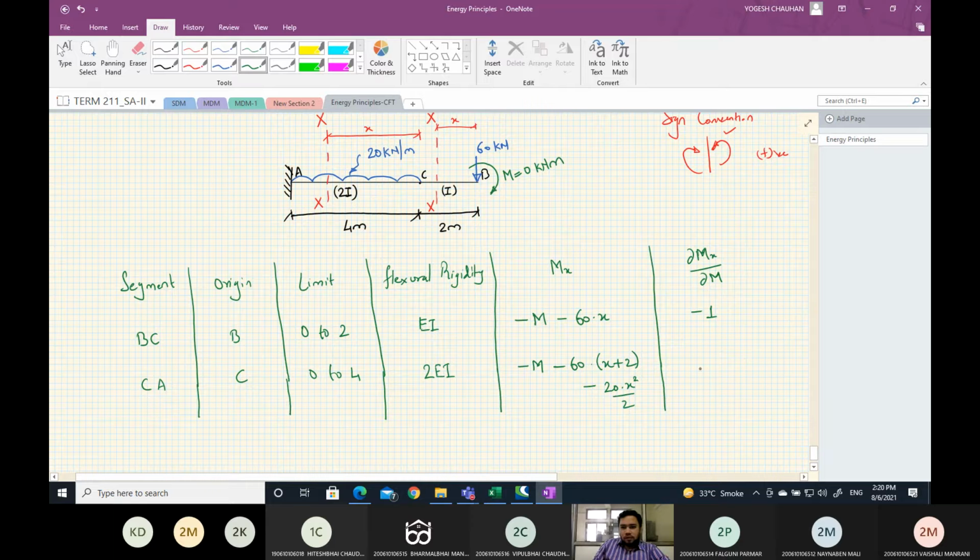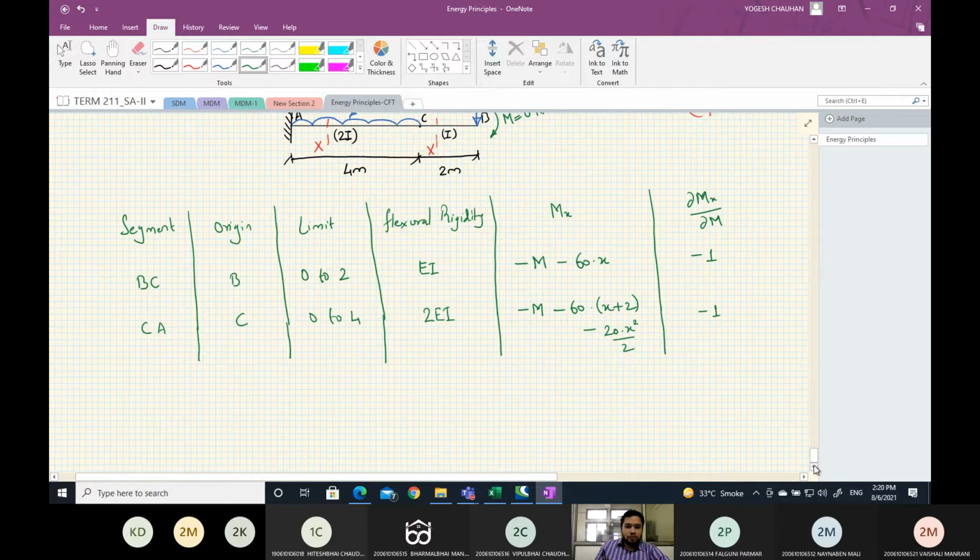And partial differentiation of this will also be minus 1, because there is no term containing M in these two terms, so partial differentiation of those will be 0.